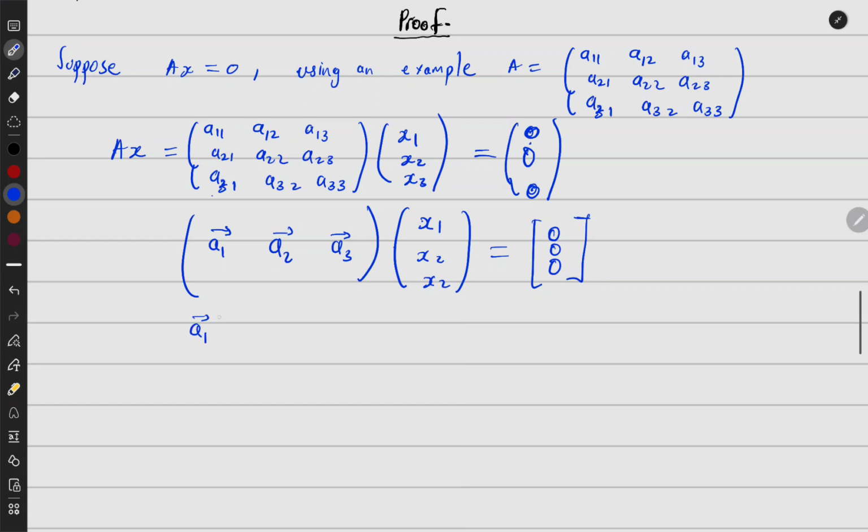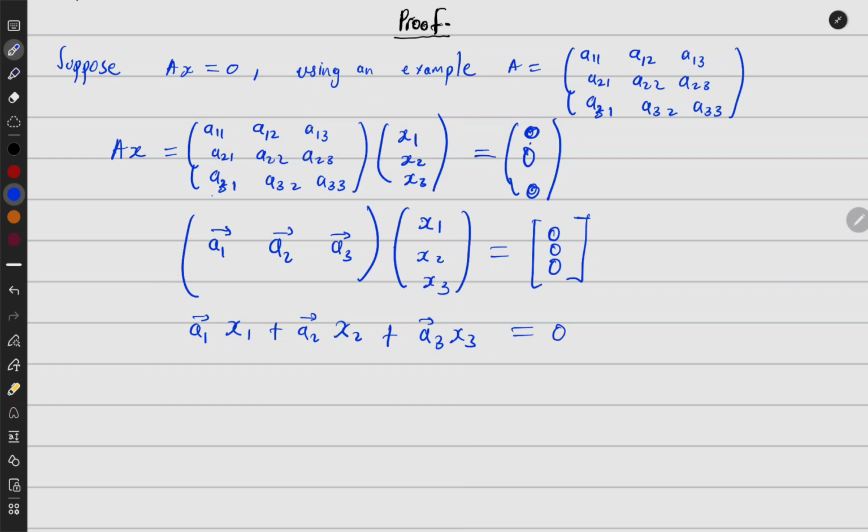Therefore this is A1 x1 plus A2 x2 plus A3 x3, a linear combination, but this is a vector, and it is supposed to give you the 0 vector.